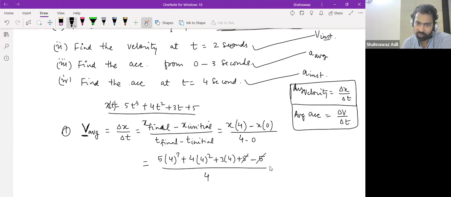So this is 5 into 64 plus 4 into 16, which is 64, plus 12, divided by 4. So this is 320 plus 64 plus 12, which gives 396.